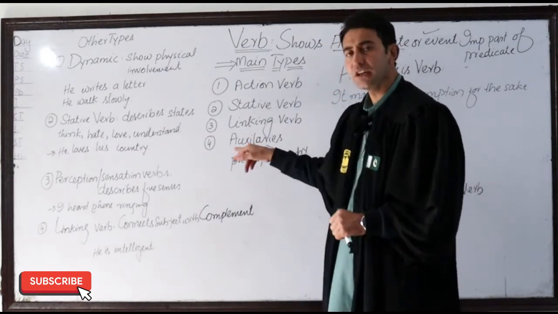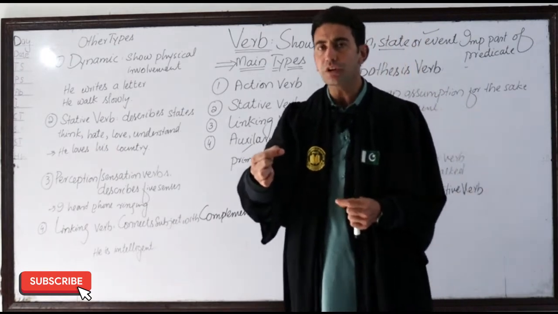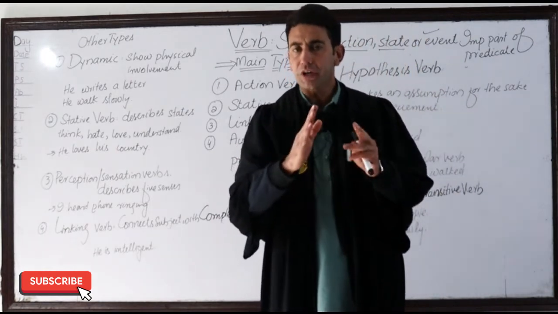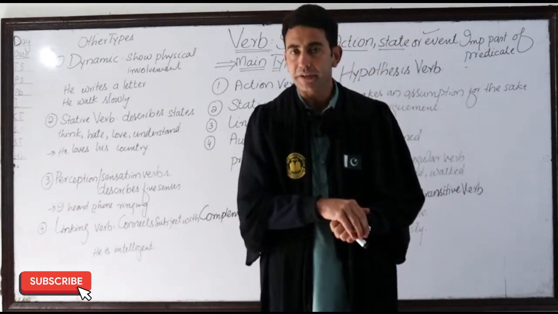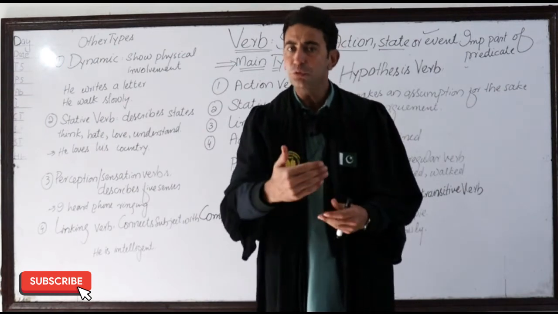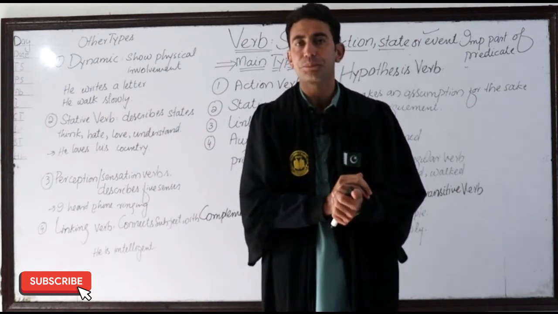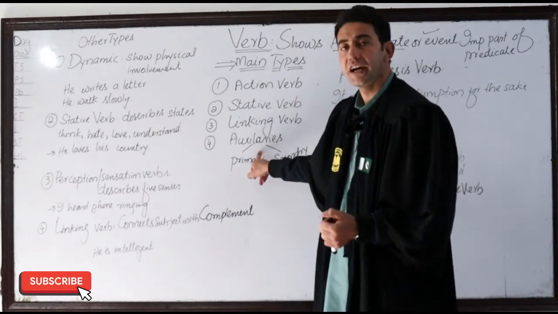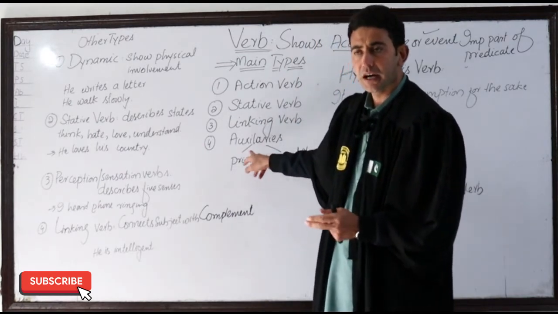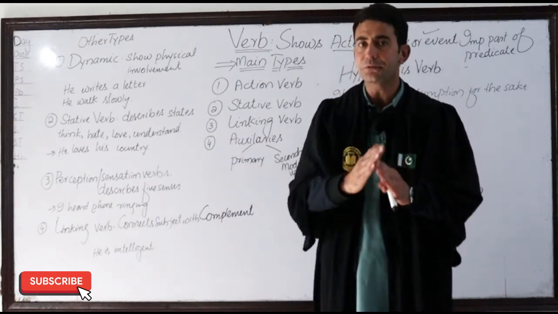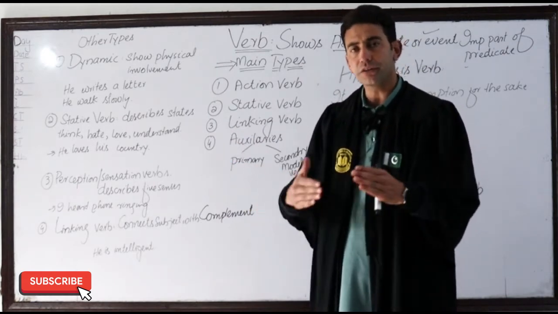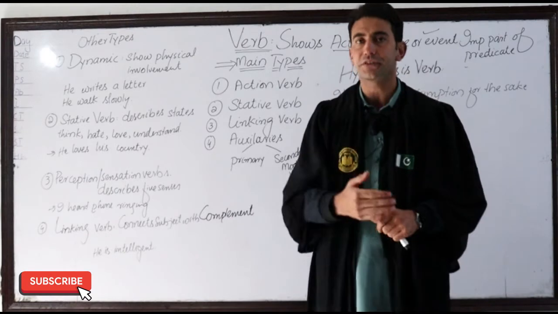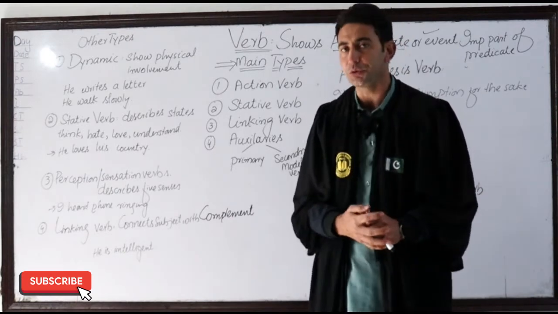Then we have linking verb, which is used to connect a subject with a predicate. Linking verb is also known as copula in English grammar. Then we have auxiliaries, which have different functions to perform, but I have already discussed these auxiliaries in my previous lectures and videos.